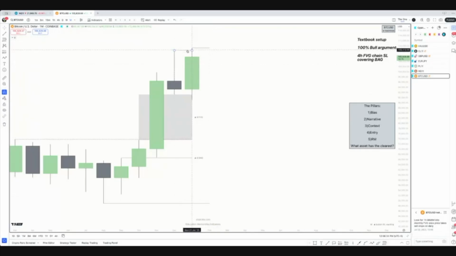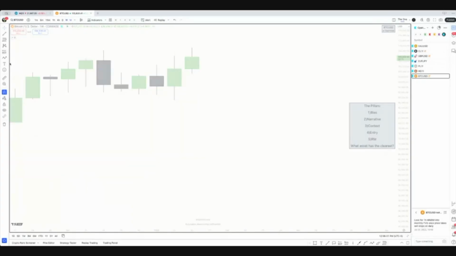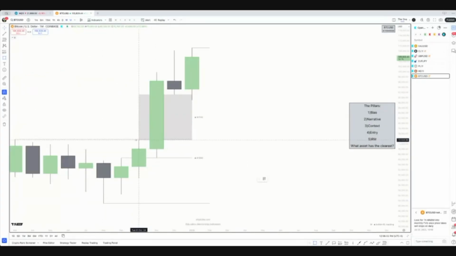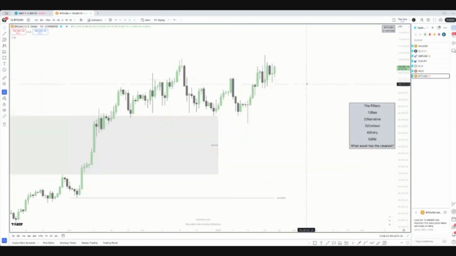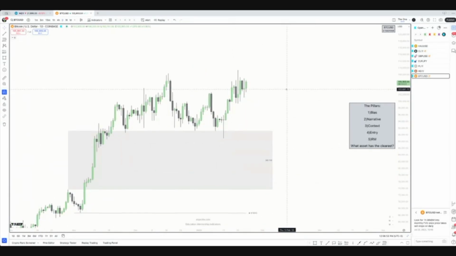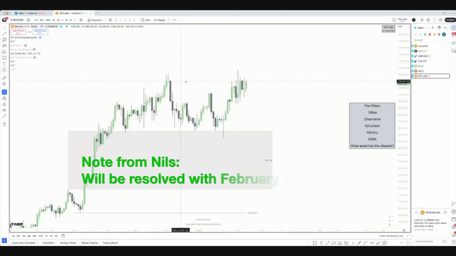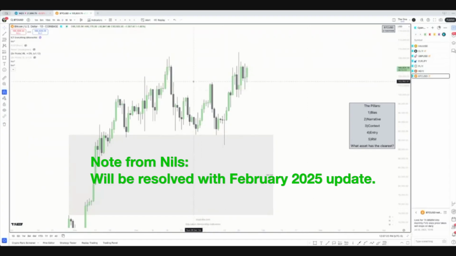Hey, great. Let me delete all the drawings again. And actually, let me go mark this up because context was already complete here. And what the indicator will do, I believe this is a bug that we haven't found a solution with, where once the context is complete, you won't see that on the monthly because the monthly fair value gap will still show.